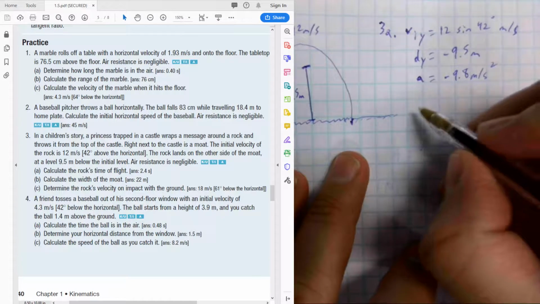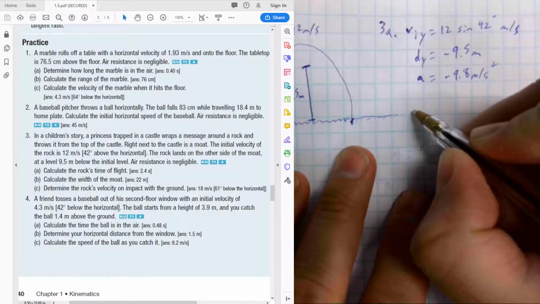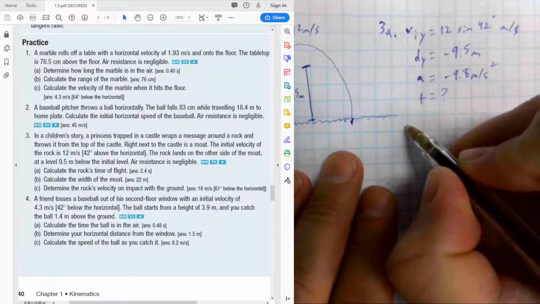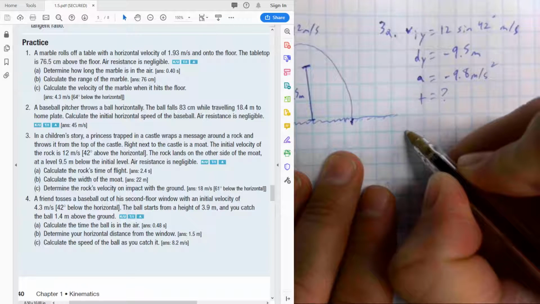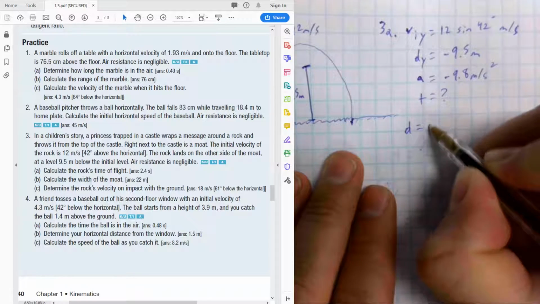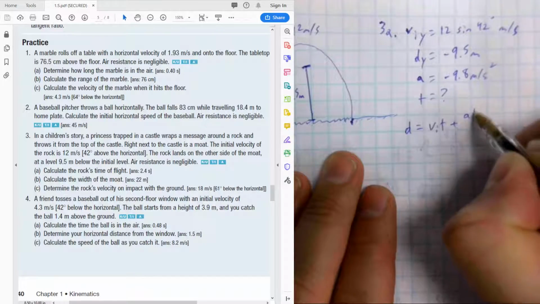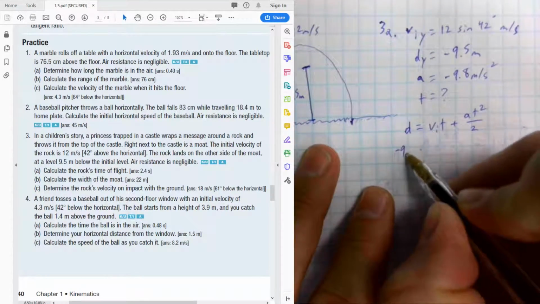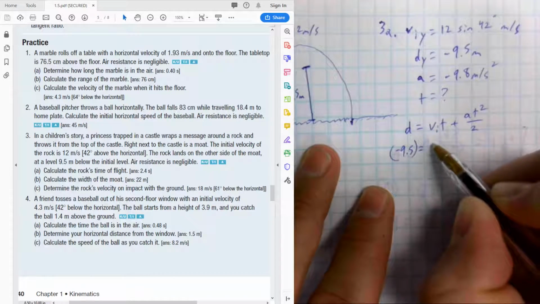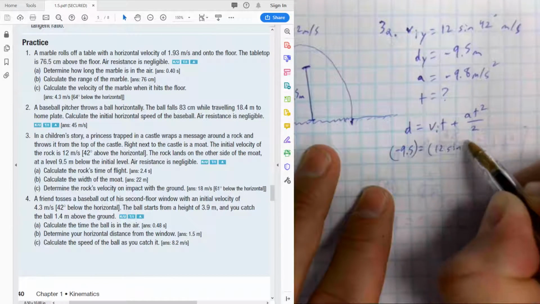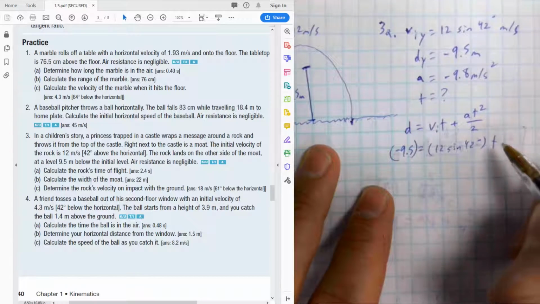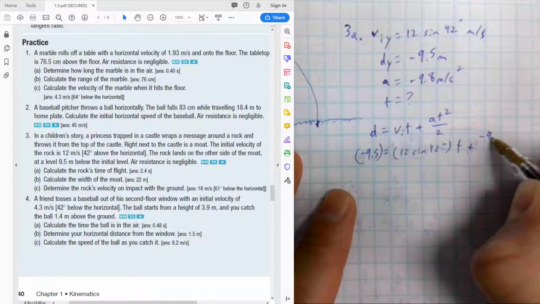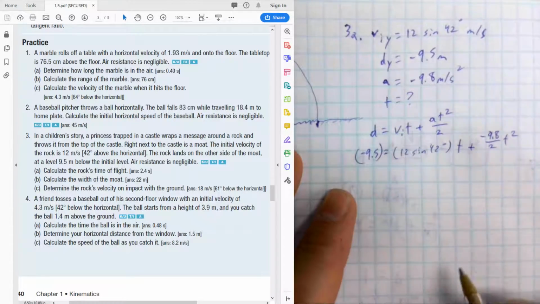So given all that information, I need to figure out which equation to use that'll help me solve for t. And the best equation to use here would be d equals v_i t plus a t squared over 2. Keep in mind that I'm going to write all of my negatives in appropriately. 12 sine 42 degrees times t, then I have plus negative 9.8 over 2 t squared.